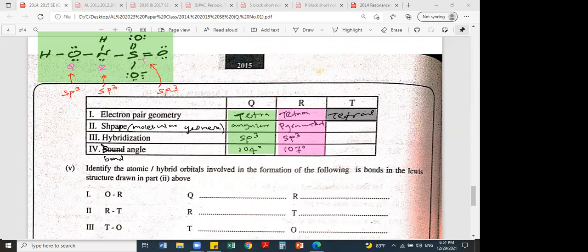For both hybridization and electron pair geometry, as well as for the molecular geometry, pi bonds are not considered. Add that to your short notebook. Write it with the red pen. Important.